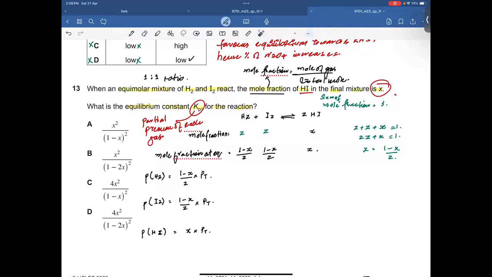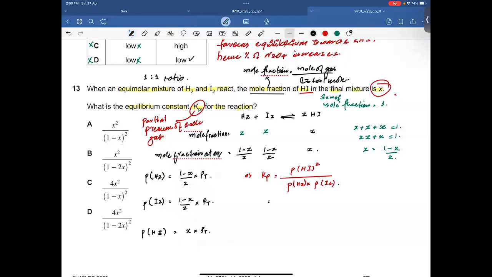So these are the partial pressures of all the components. We need to place them in the formula of Kp. So Kp is equal to partial pressure of HI, and since HI has 2 moles in the equation, it has to be to the power 2, over partial pressure of hydrogen into partial pressure of iodine. All right, let me plug in the values in this.